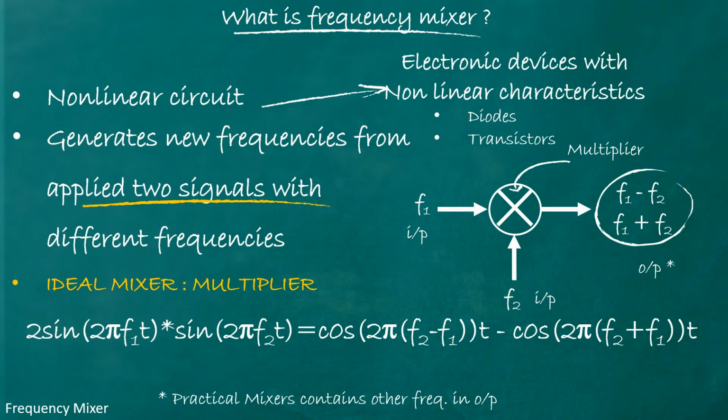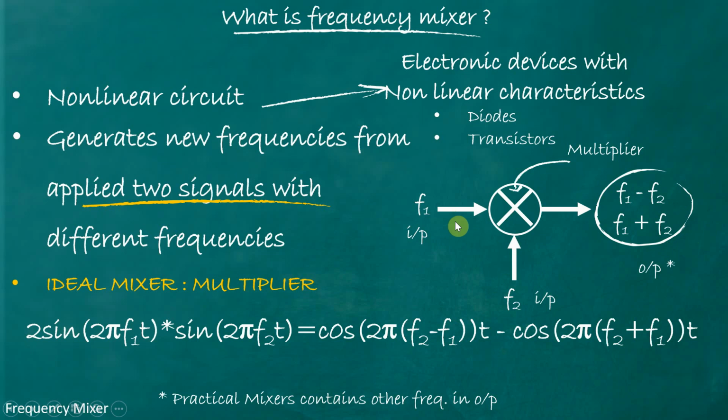So in an ideal mixer circuit, it's like a simple multiply circuit where we multiply two signals f1 and f2, as you can observe on the block diagram. When we multiply two signals f1 and f2, it results in two different frequency components. One is a difference frequency and another is a sum frequency, right?